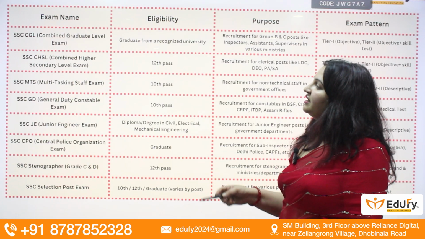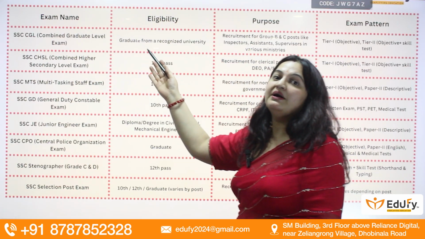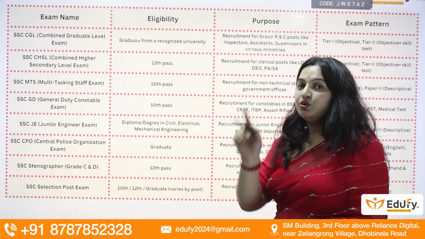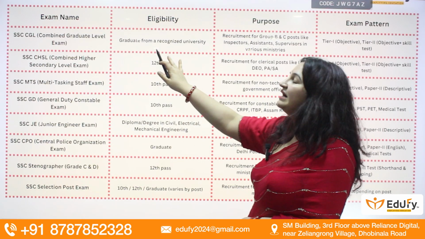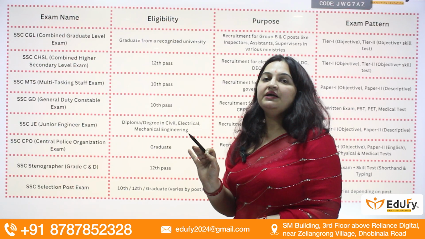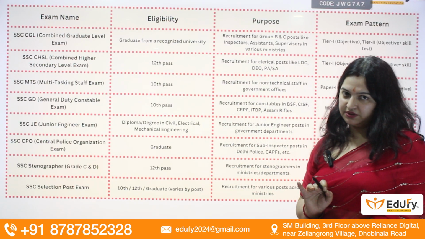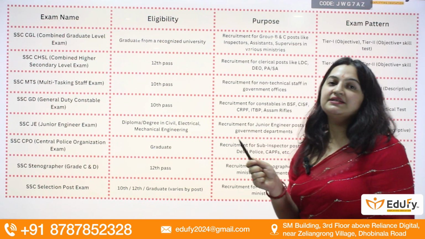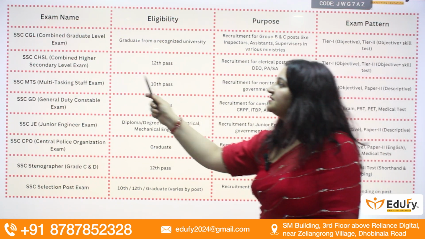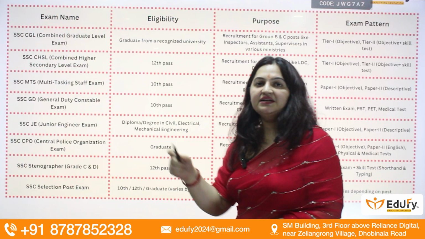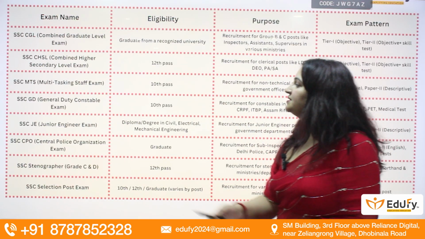But we will see the level of eligibility required for each exam. The SSC CGL exam, the graduate level exam, requires a minimum of graduation from any recognized university. For the CHSL exam, you can apply if you are 12th pass. For the MTS exam, if you are 10th pass, you can give this exam.